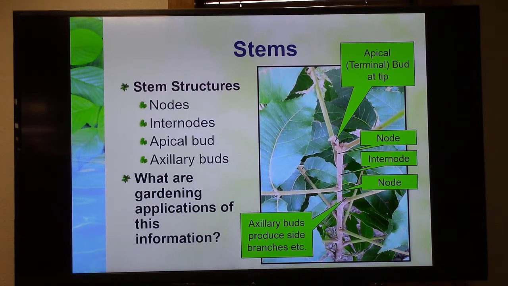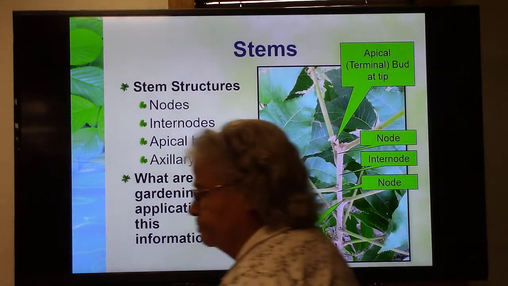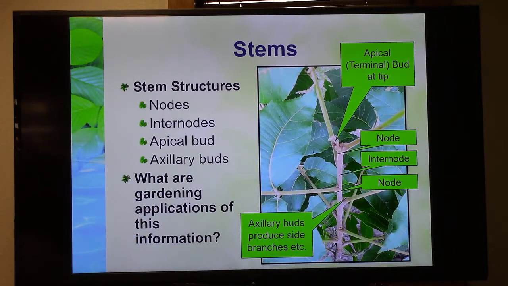Sometimes you'll have a plant that's described as a dwarf. You go to the nursery and see dwarf this, dwarf that. Genetically, the length of that internode is not just a property of the nutrition of the plant, it's a property of its genetics.